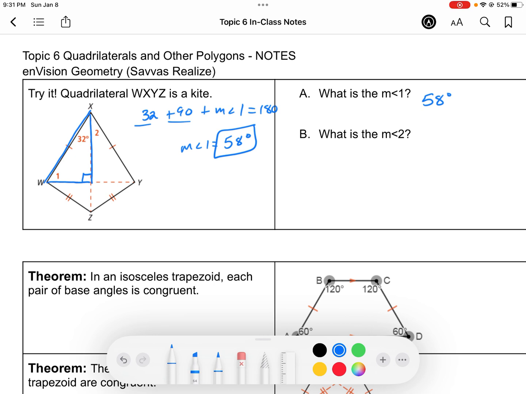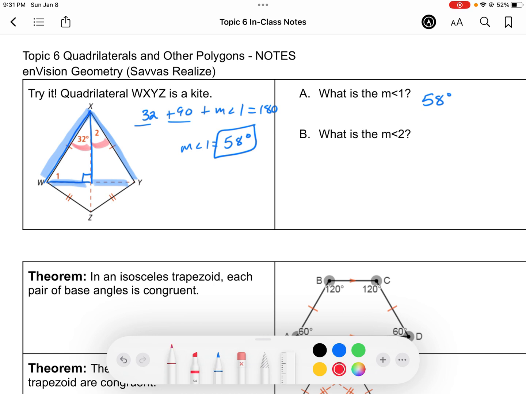Okay. Next it says, what is the measure of angle 2? Well, here's what we know about this triangle. I can do these a lot of different ways, but because these segments are equal to each other, and these segments are equal to each other, these two angles up here have to be the same because the triangle on the left and the triangle on the right are exactly the same as each other.